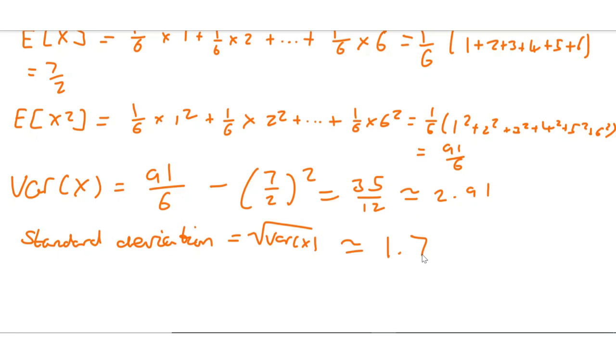We're likely to get the mean, 3.5, that's what we expect to roll on average, and then we expect on average to be 1.7 away from 3.5, which makes sense. If you do 3.5 minus 1.7, what do you get? 1.8.